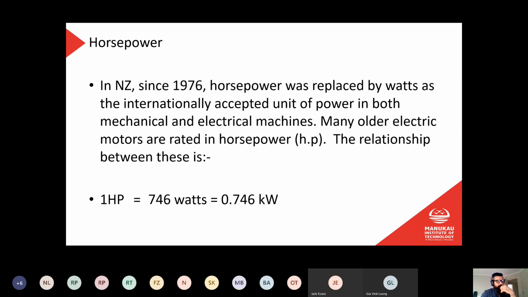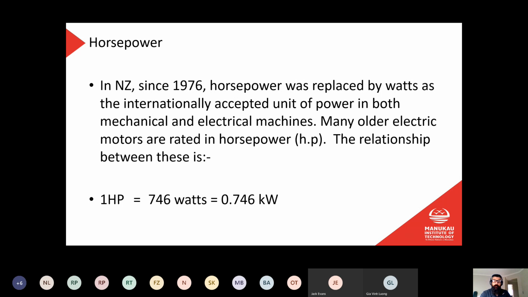It's just a simple conversion, in that horsepower is the old imperial unit, like inches or miles or pounds. So the kilowatt is the metric equivalent, and just like we moved from miles to kilometers, pounds to kilograms, inches to centimeters, we've moved from horsepower to kilowatts.